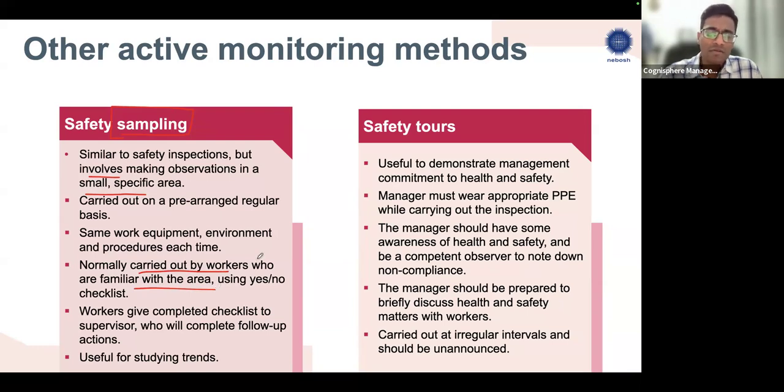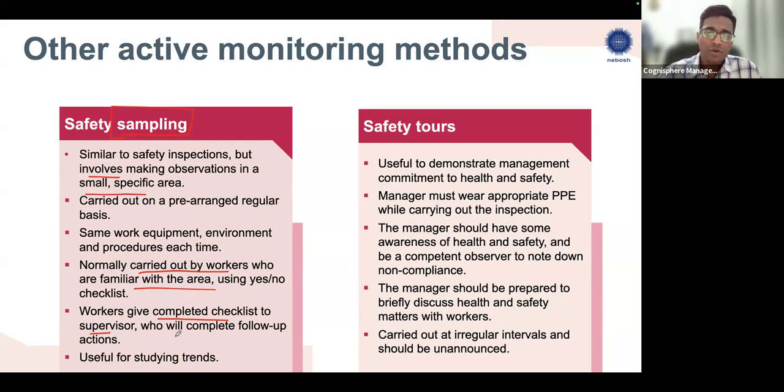For instance, here the forklift truck operators can do a safety sampling which can be verified by the supervisor, whereas the warehouse inspection will be done by the store manager. Workers give the completed checklist to the supervisor who will complete follow-up actions. Again, it is useful for studying trends, very similar to the inspection report.